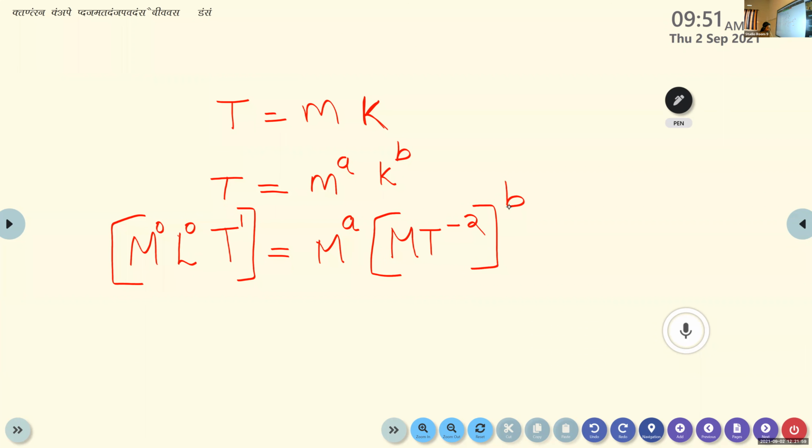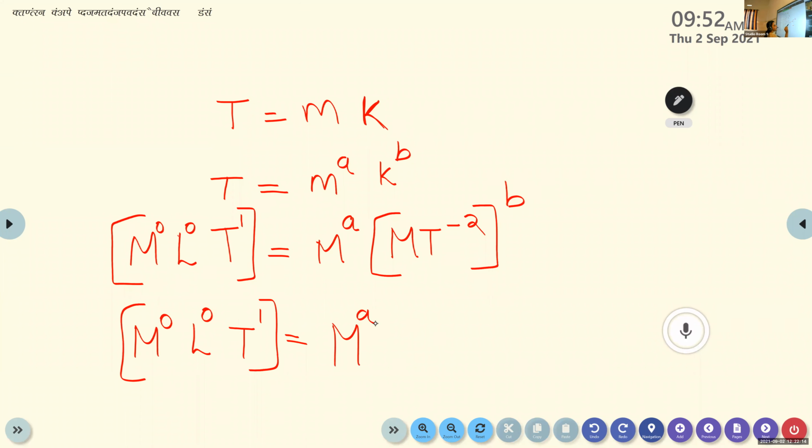Now what is our next step? We can split this term: M raised to A, and M T raised to minus 2 the whole raised to B becomes M raised to B and T raised to minus 2B. So M raised to 0, L raised to 0, T raised to 1 equals M raised to A, M raised to B and T raised to minus 2B.